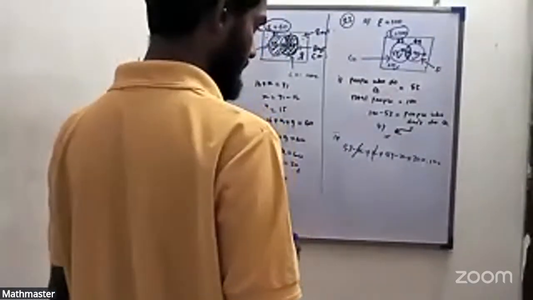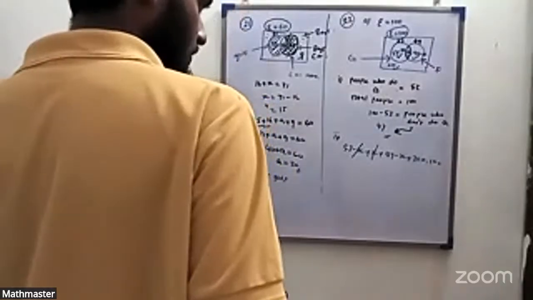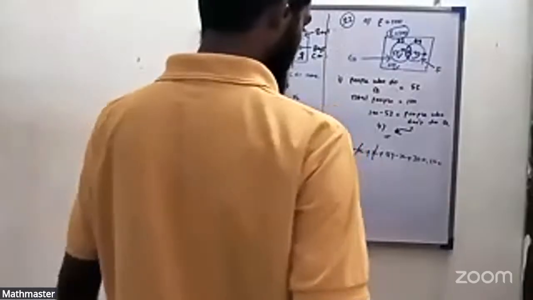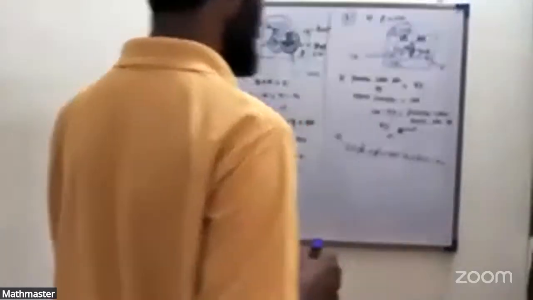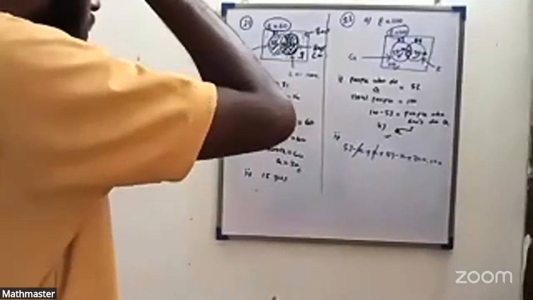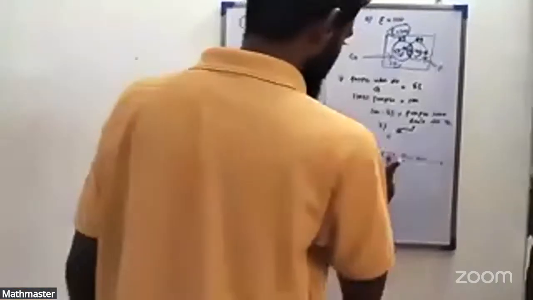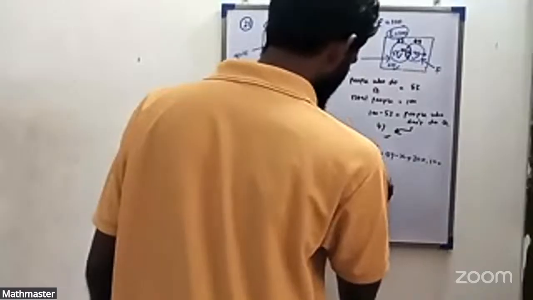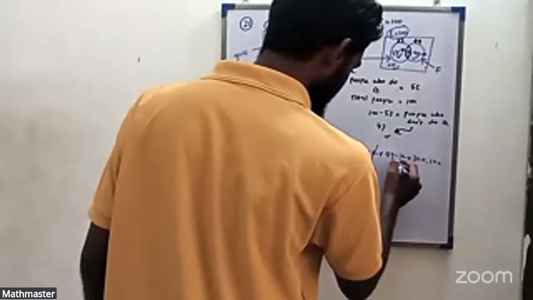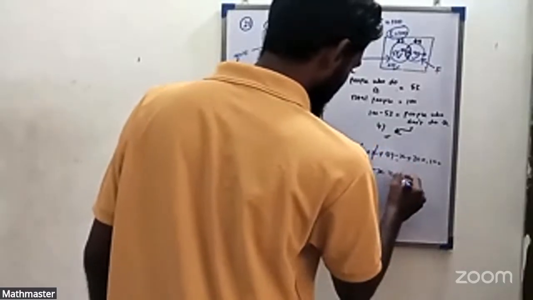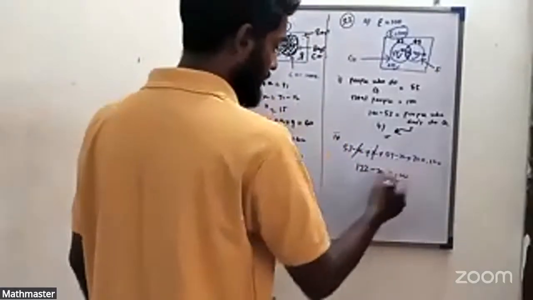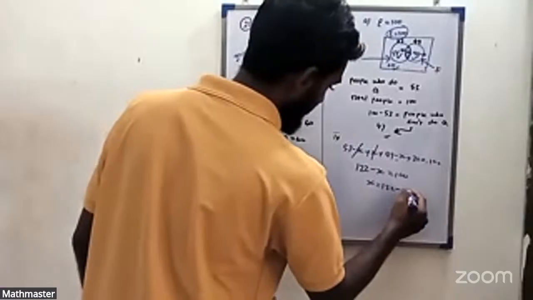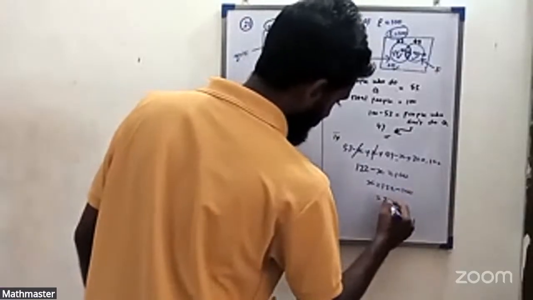What is the answer? 53 plus 49 is 90 plus 12, that is 102. So 102 plus 20 is 122. So 122 minus X equals 100. Then X equals 122 minus 100. That is X equals 22.